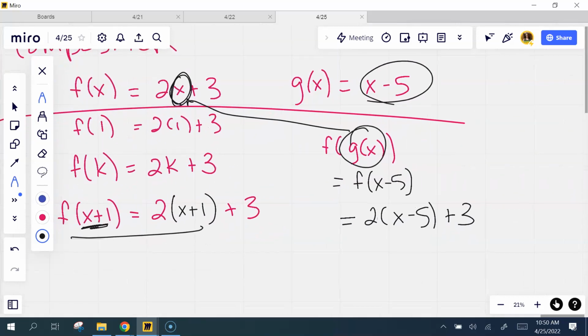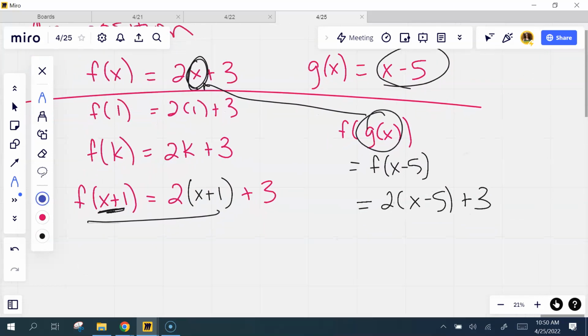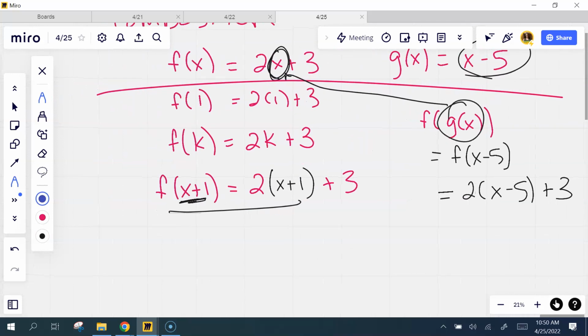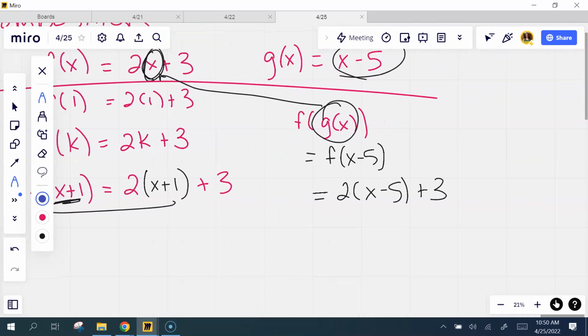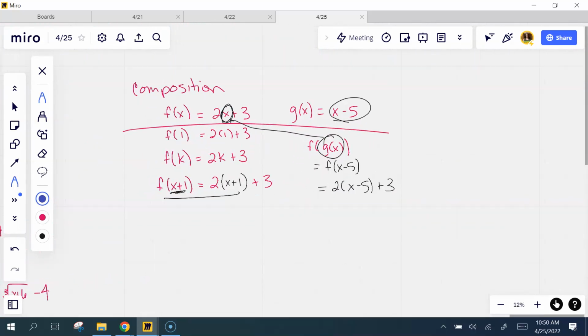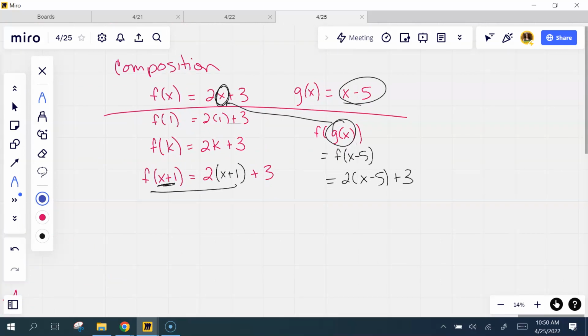And f of g of x is not necessarily the same thing as g of f of x. So if I asked you to use these same f and g, what is g of f of x? What would you do? So what is f of x?